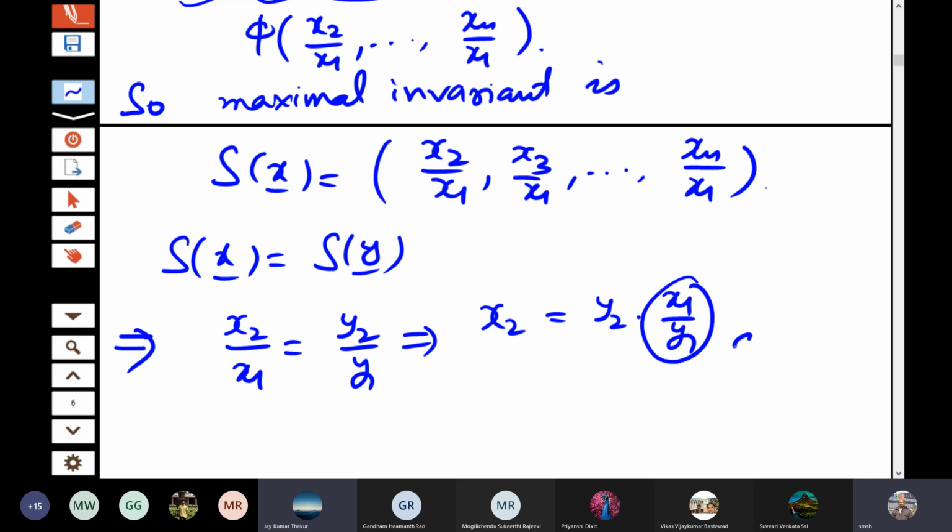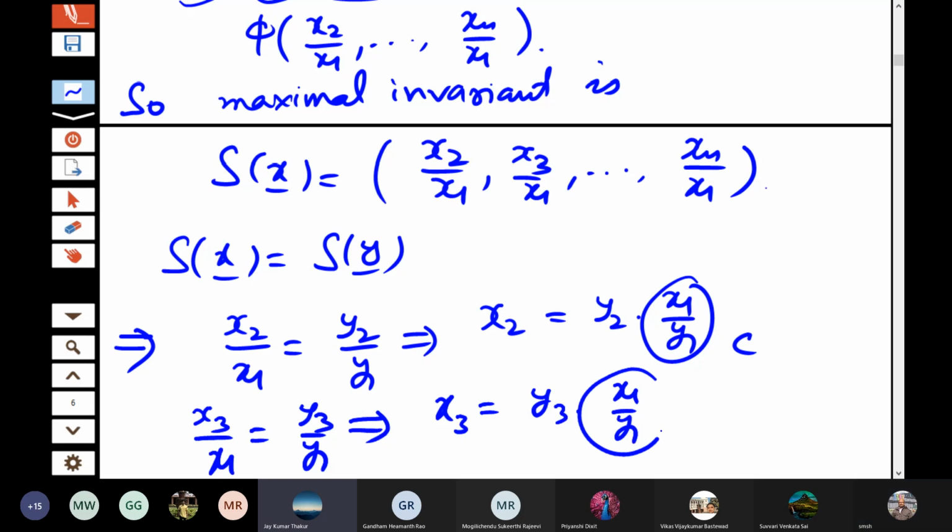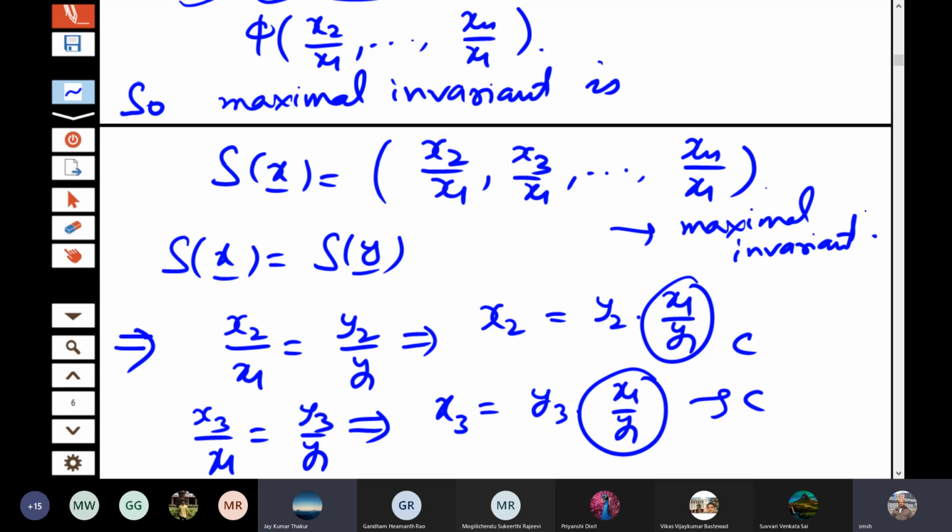So I can take this as C, because if I take x3 by x1 is equal to y3 by y1, then this implies x3 is equal to y3 into x1 by y1. So this is acting as C. So this is maximal invariant. Okay, are these examples clear to you?